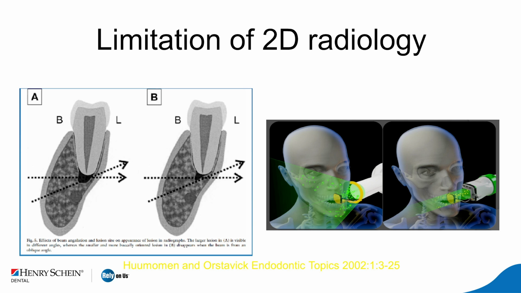For example, if you have a patient that has a radiolucency at the apex of a tooth, in some studies you'll see that you need 30 to 40 and even sometimes 50% of bone loss before you'll see the radiolucency on a PA.